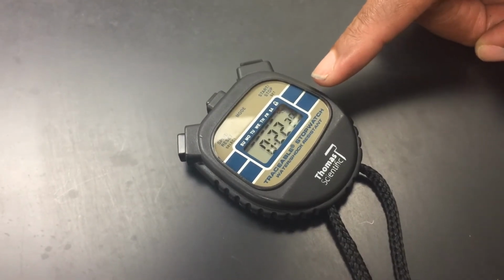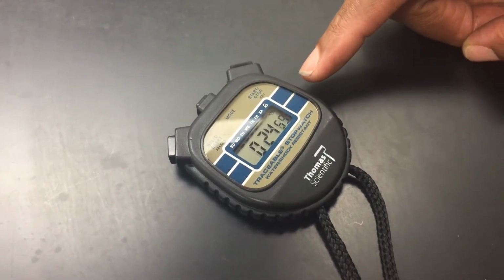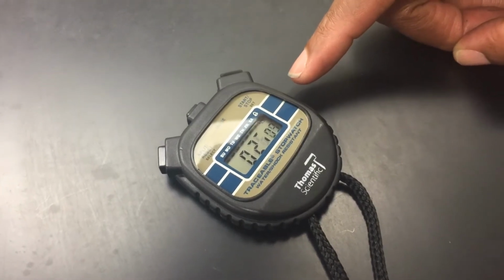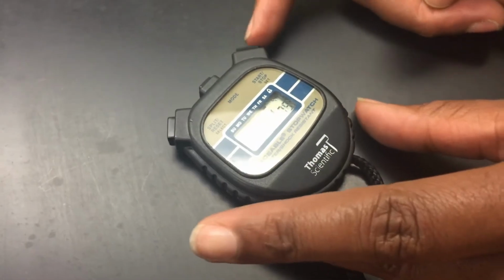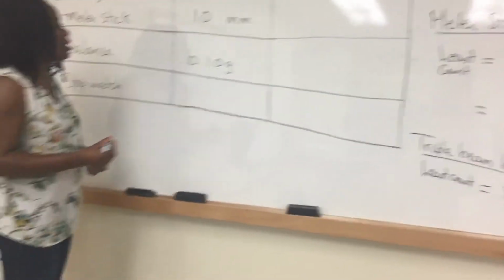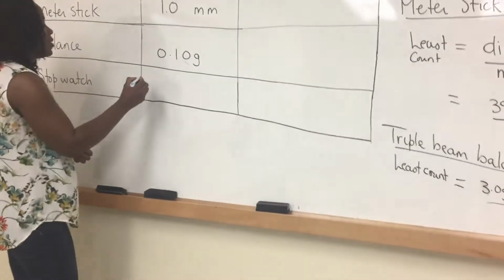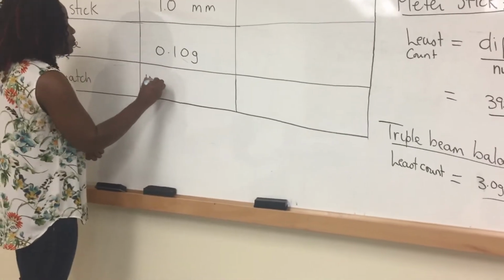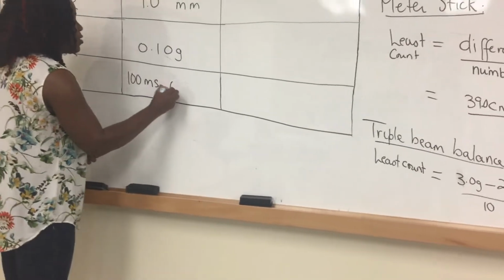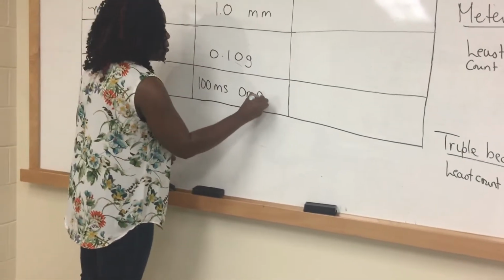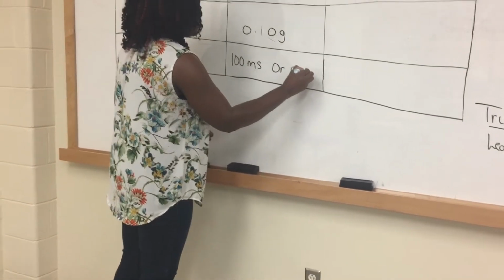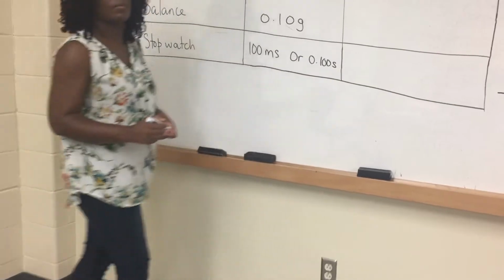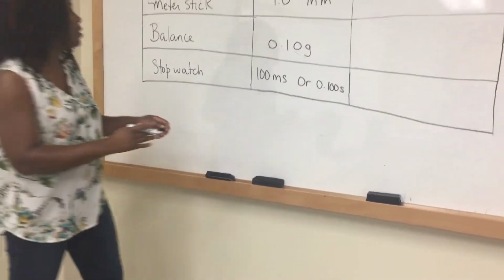And if we were to put that in seconds, then we would say 0.100 seconds. 100 milliseconds is the same thing as 0.100 seconds.